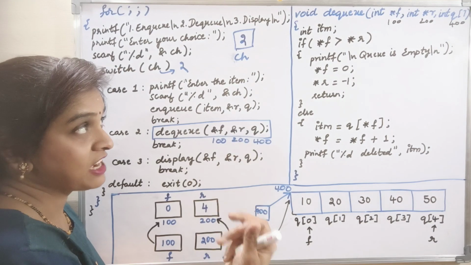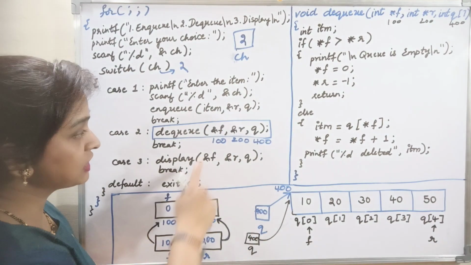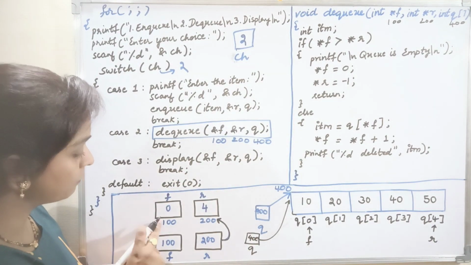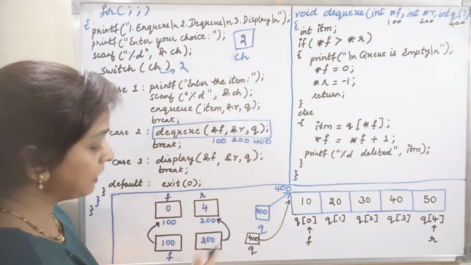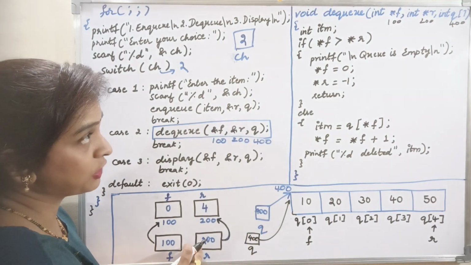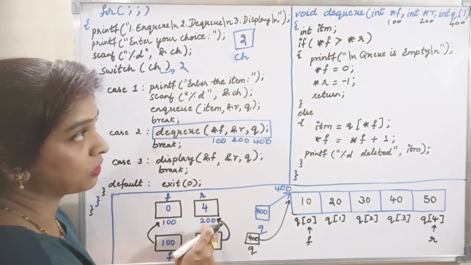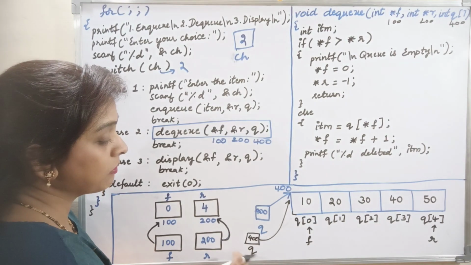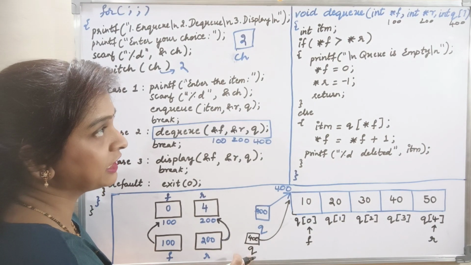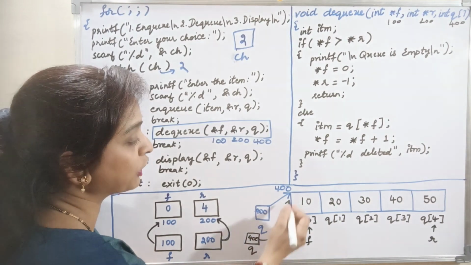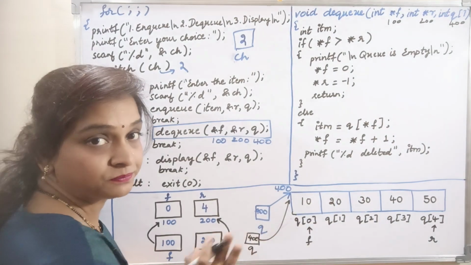That is what it is receiving. So pointer variable f is receiving 100, so it is pointing to location 100. Pointer variable r is receiving 200, so I have written 200 here, so it is pointing to location 200. And the array name, implicit pointer q, is getting the location 400, meaning it has to point to this base address, the same array, right?